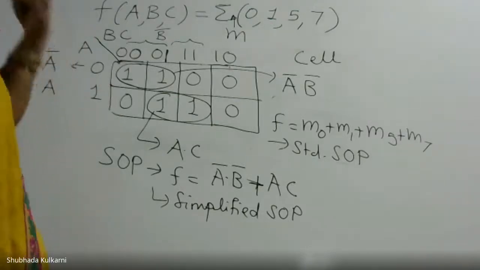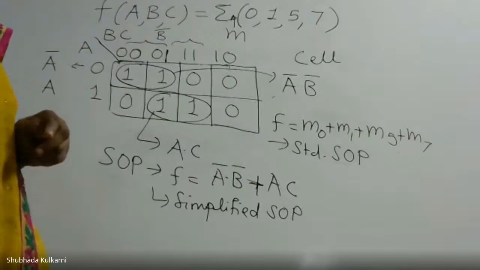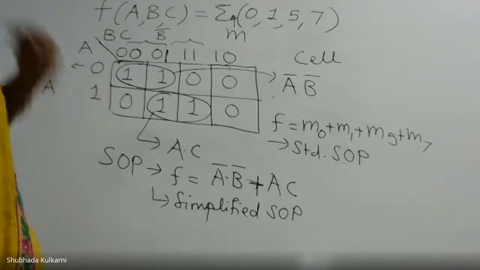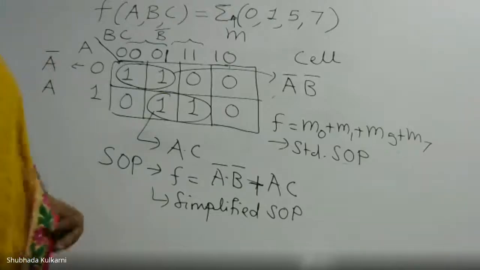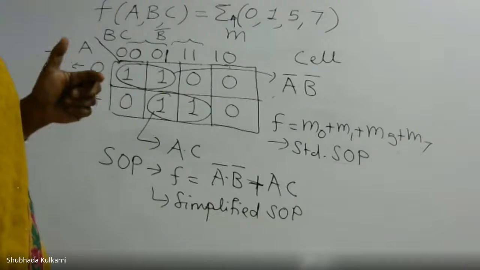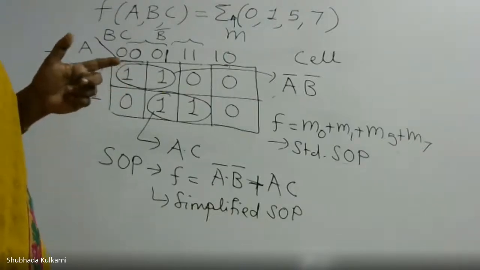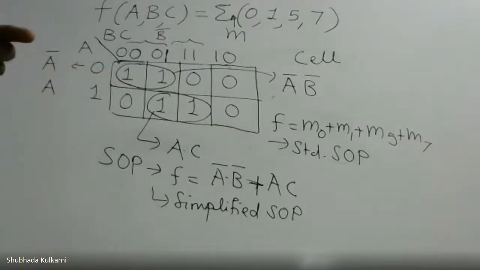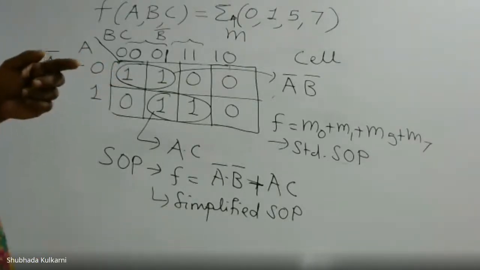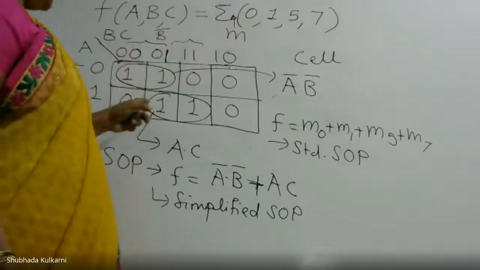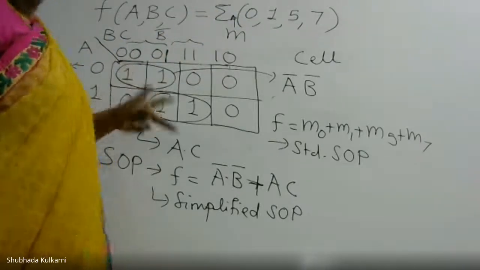So I will repeat the procedure. Some of you may follow this completely, some of you might still have doubts, because this is the first and simple problem we have done. The title of today's lecture is simplification of Boolean function by using the K-map method. We have considered only SOP expression, where you have a sum of min terms, and a three variable Boolean function.